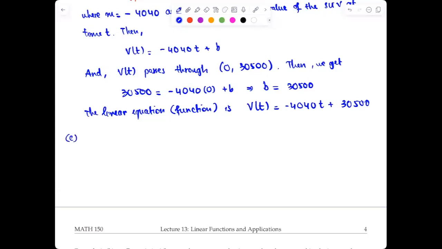So C, at the end of the third year, t equal to 3.